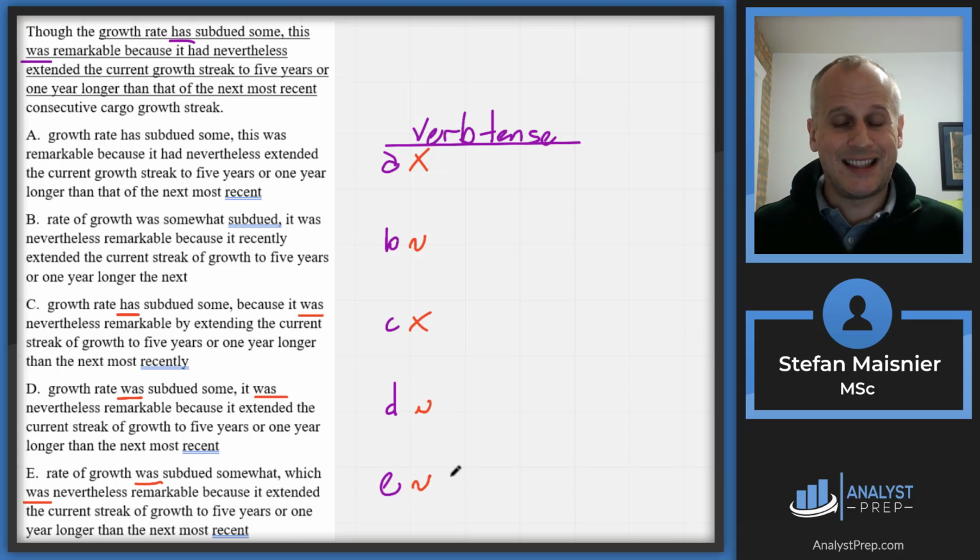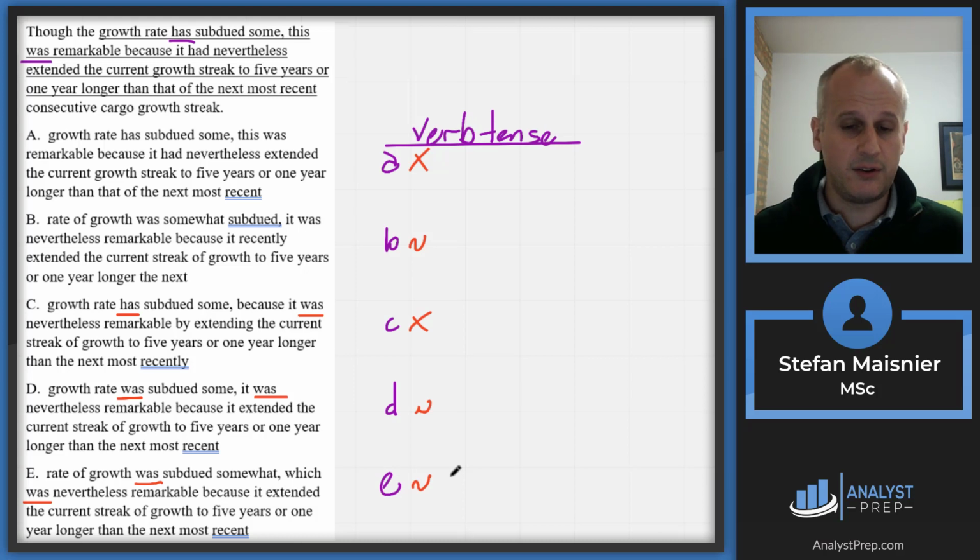So then we want to think about those common errors that we talked about, and especially those first three of subject-verb agreement, verb tenses, and pronouns, because those pronouns, those verb tenses, can frequently be easier ways to definitively get rid of some answer choices.